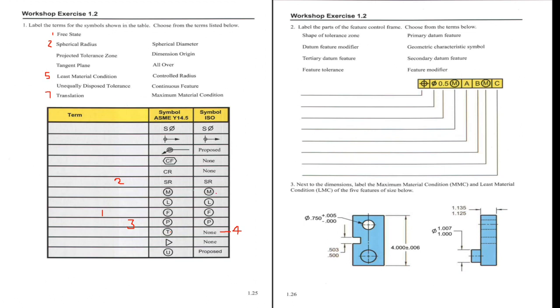And for least material condition, we use this L. And unequally disposed tolerance, we use this U. And for translation, we use this equilateral triangle. I give it a number 7. And spherical diameter, let's give some numbers here.